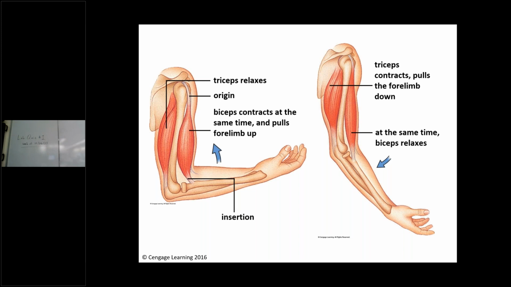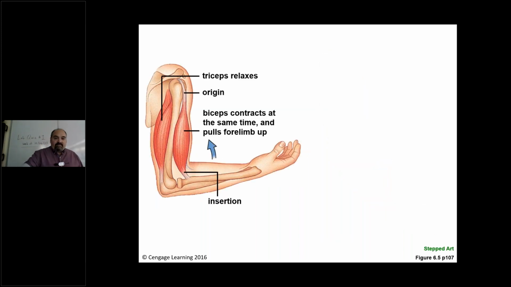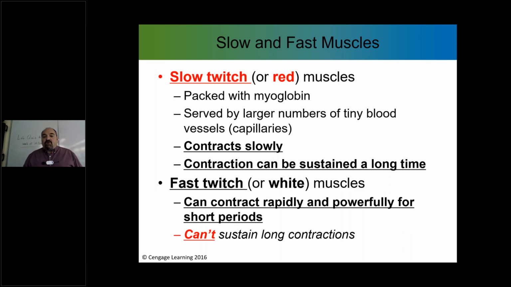Now, this area here, it's important to make note of, but I don't want you to lose sleep over it. Slow twitch and fast twitch muscle fibers. We want you to know that there are different types of muscle fibers present in skeletal muscle, and your muscles have a combination of these types of fibers.